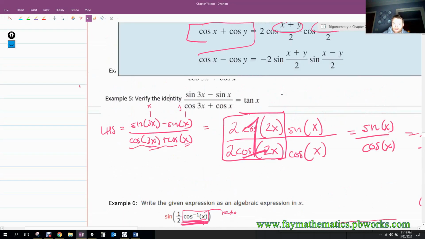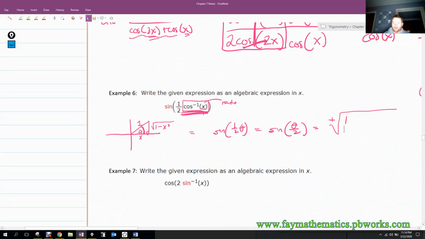Back to it. 1 minus cosine. Because I'm using, this is theta over 2, and this is just theta, and then over 2.